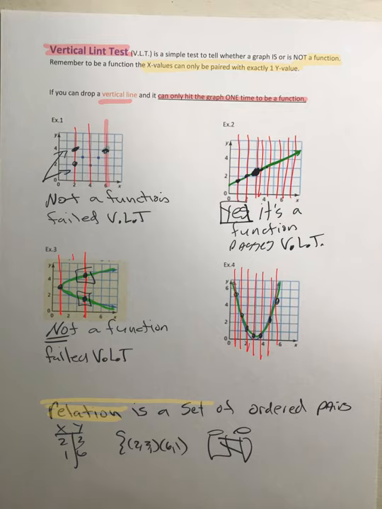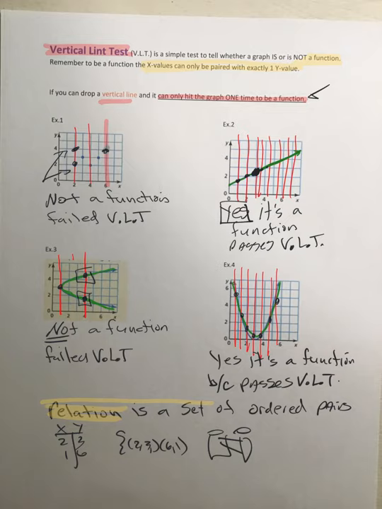So is it or is it not a function? Did you say yes, it's a function? Because it passes the vertical line test. So it can only hit once to be a function. So that's the vertical line test.